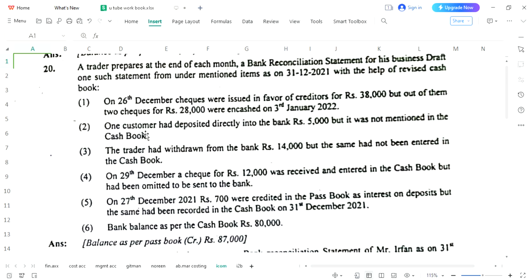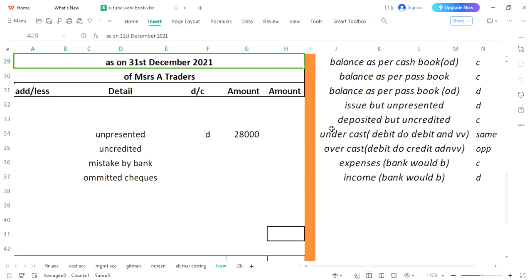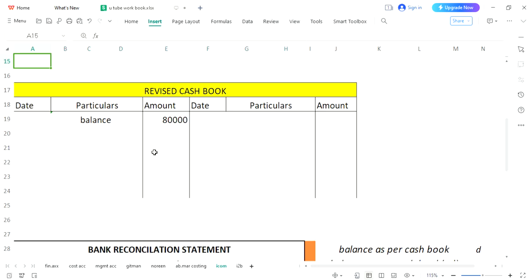A customer, whenever you see the customer, it means it's good news, he will be paying. A customer had deposited. When he deposits his amount in bank, our bank account would be increased. Increase in bank account should be debited, 5,000. Now the question is whether we will write it in BRS or cash book.